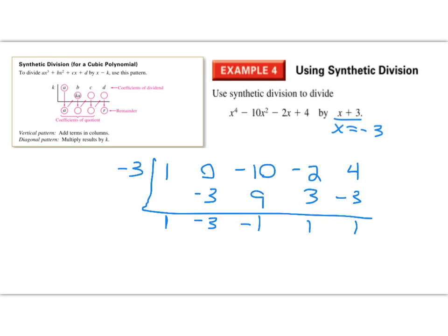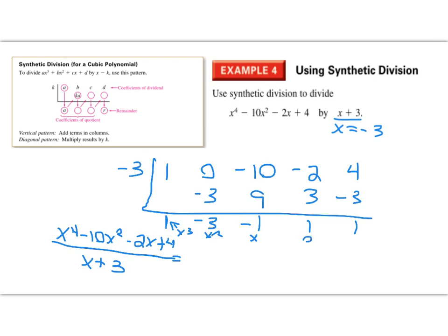And so what you have here is x to the 4th minus 10x squared minus 2x plus 4 divided by x plus 3 is equal to, now remember you factored out x minus 3, so that means this one here is going to be x cubed, x squared, x, and then your constant.